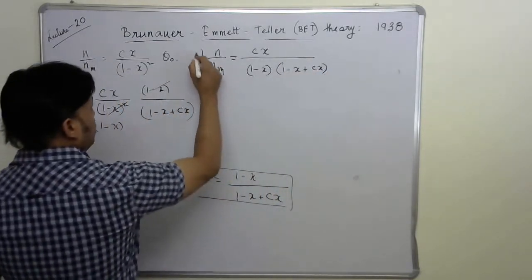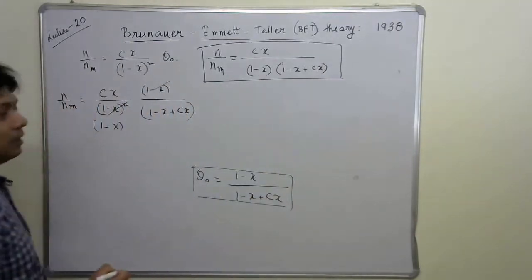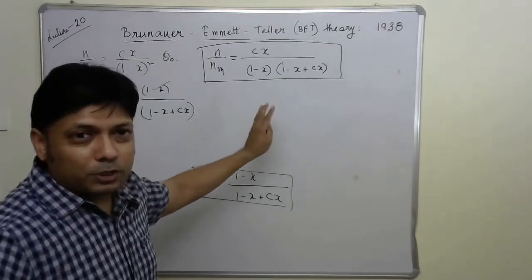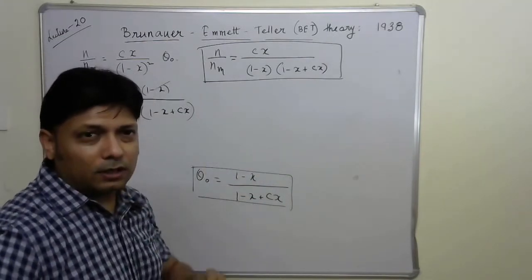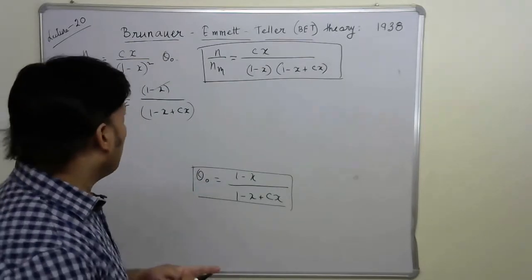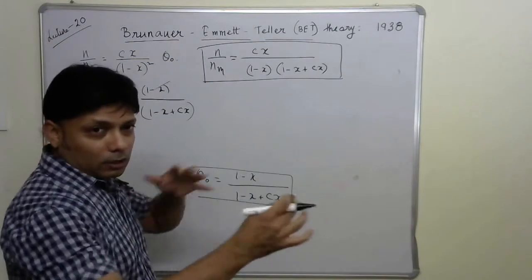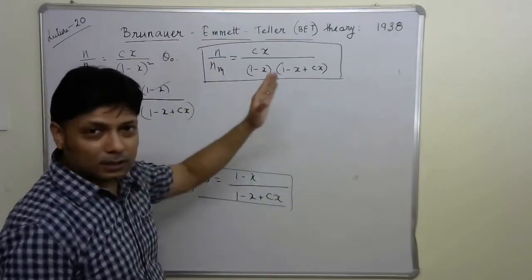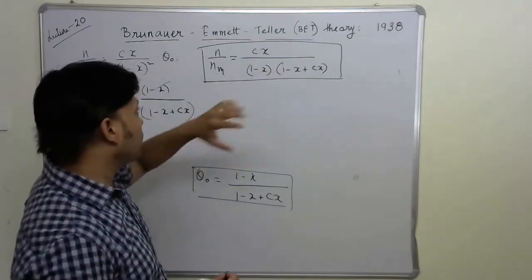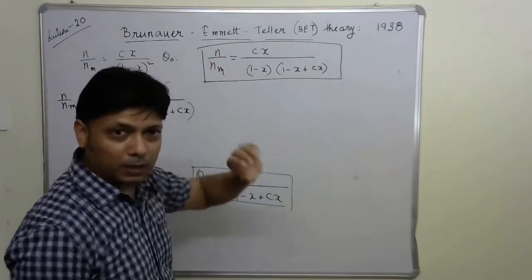The equation that we get here is the famous BET equation in a very crude form. Why crude form? Because we have n over nm and we were supposed to connect n with pressure, but here we have x. So we have to change the x term into pressure, so that it has some meaningful form.